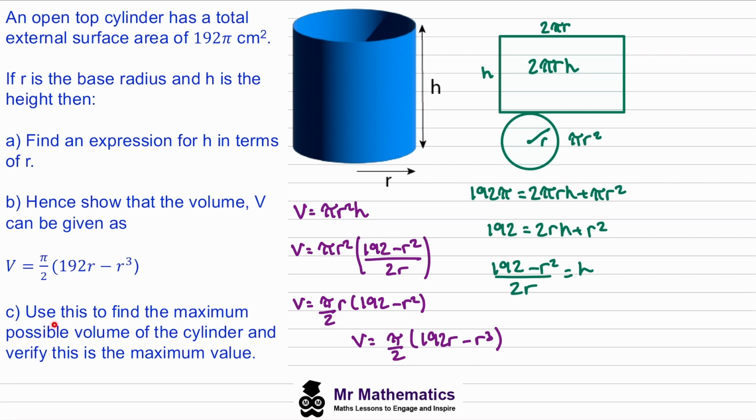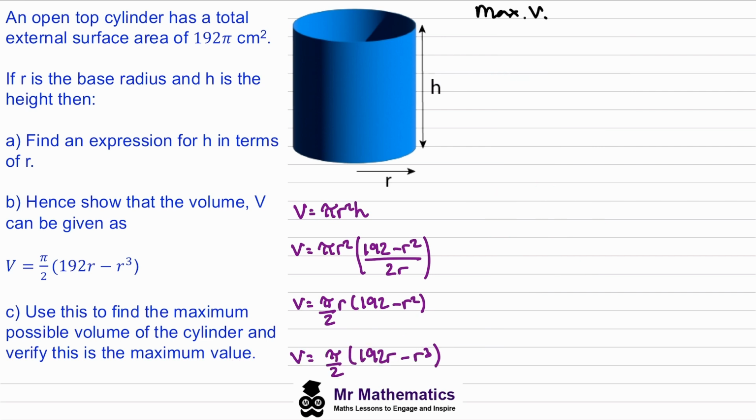For part C, use this to find the maximum possible volume of a cylinder and verify that this is the maximum value. We know that the maximum volume is when dV by dr will equal 0. So we need to differentiate this equation for V with respect to r. And this will be pi over 2 lots of 192 minus 3r squared.